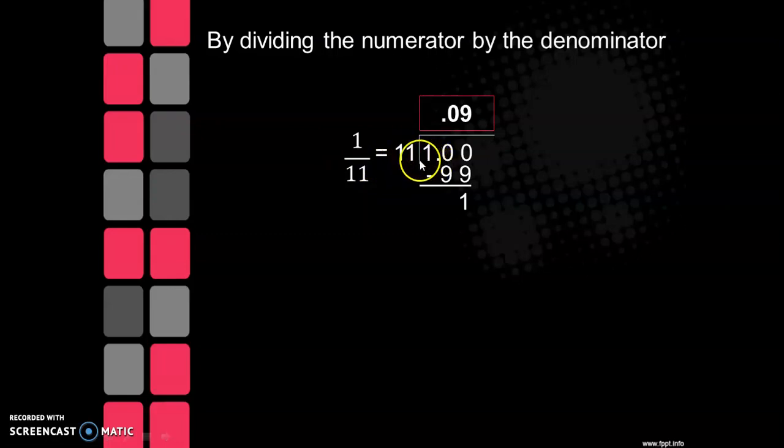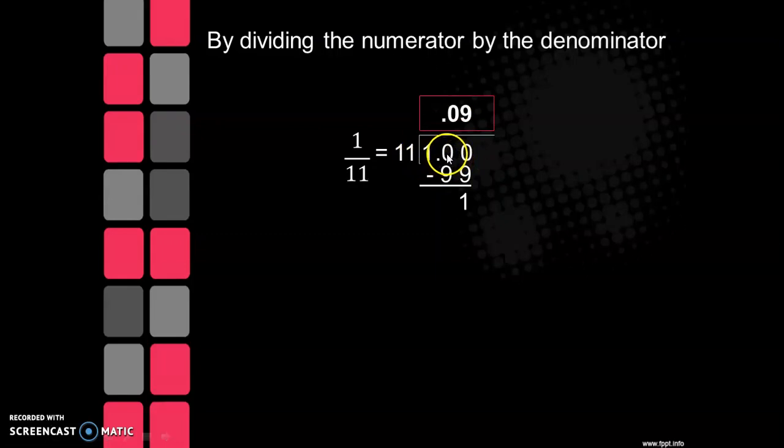Again, 1 cannot be divided by 11, so we need to add 0. However, we added 0 and we have the decimal point, but it still cannot be divided. So, instead, we copy the decimal point in our answer, and write 0 so that we can proceed to add 0 to make it 100.